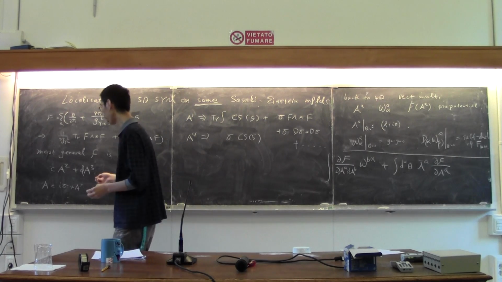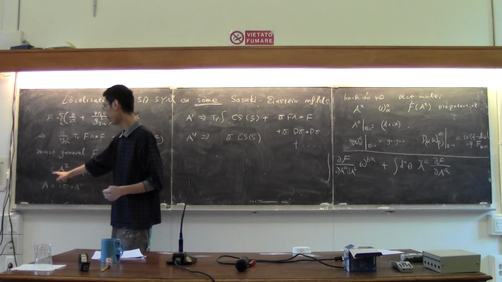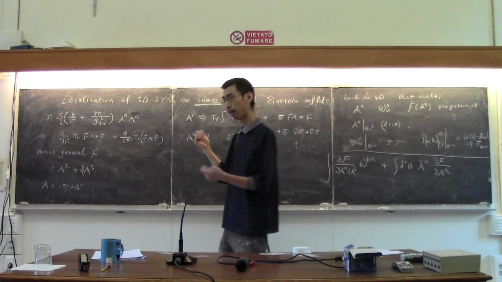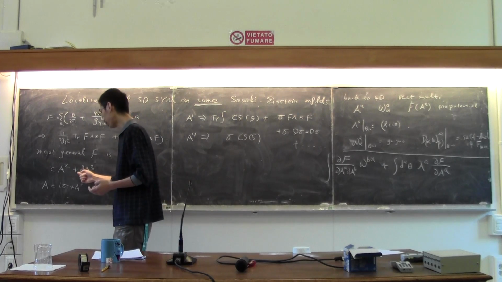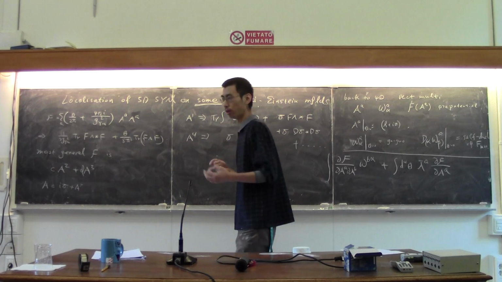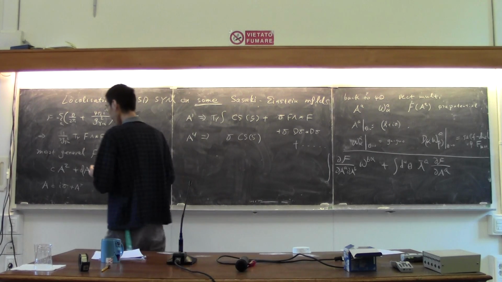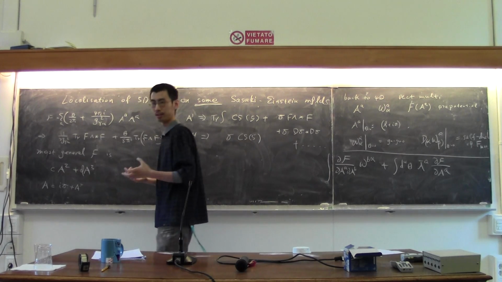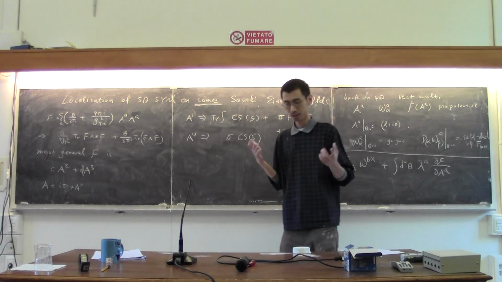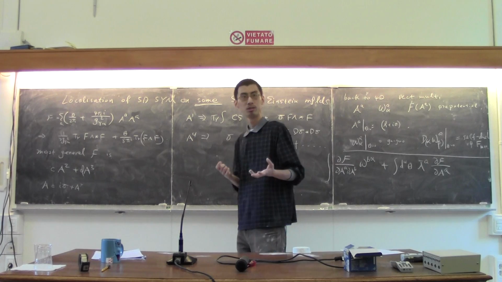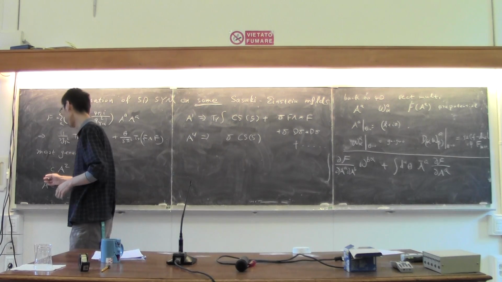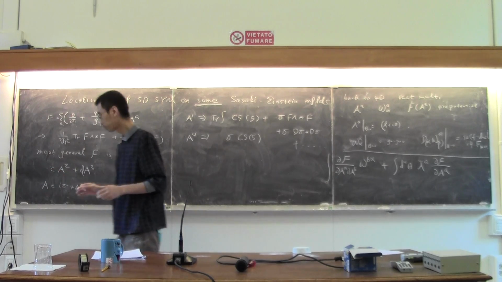The way to see it is the following. This C, remember, is the Yang-Mills coupling, so it carries dimension in 5 dimensions, while D, if you count the dimension, is a dimensionless coefficient. If it is generated, it cannot depend on the coupling. So it must be a one-loop effect, because in one loop you compute the determinant, which is independent of the coupling.